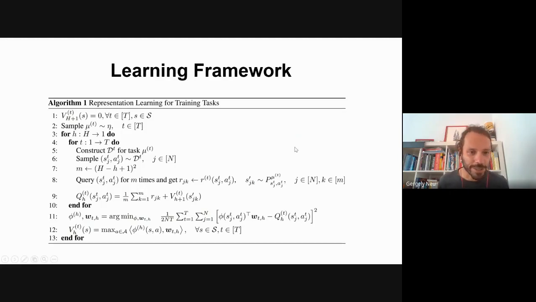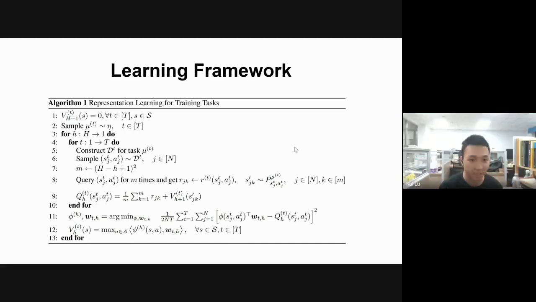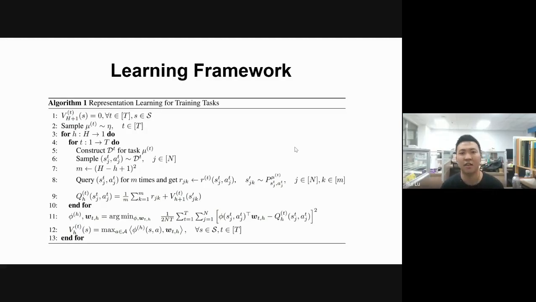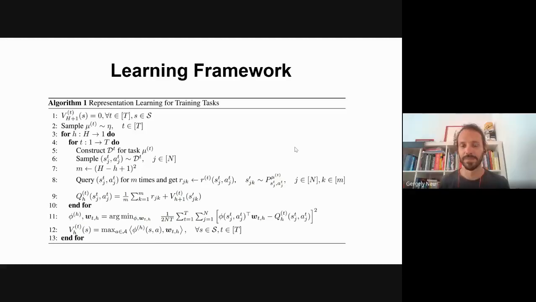Then another one, which should be this step of constructing D_t for task mu_t. I guess this is going to be the most difficult and tricky part in the algorithm design. So is this going to be getting a policy and running it in the environment, or is it going to be something trickier? Yeah, you're right. In general, how to construct a good distribution here is difficult.